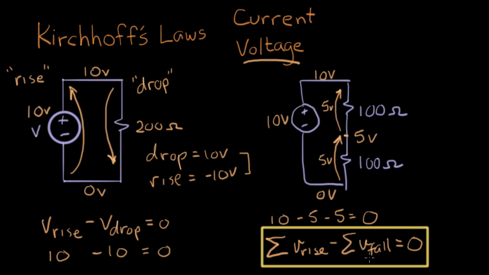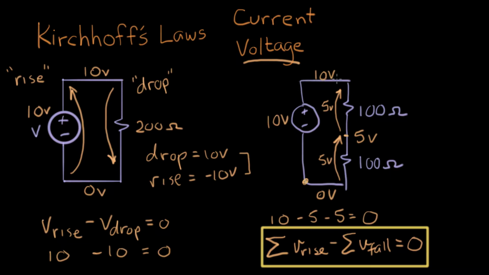There's a more compact way to write this that I like better, and that is we start at this corner. We start at any corner of the circuit. Let's say we start here. We're going to go up 10 volts, down 5 volts, and down 5 volts. So what we're adding is all the voltage rises.